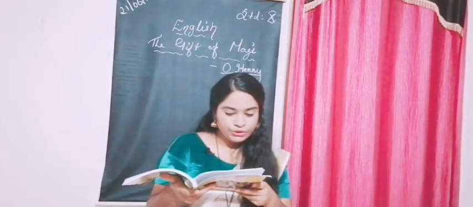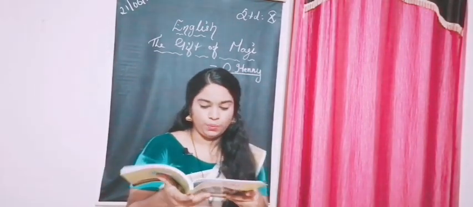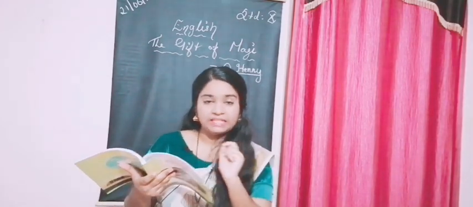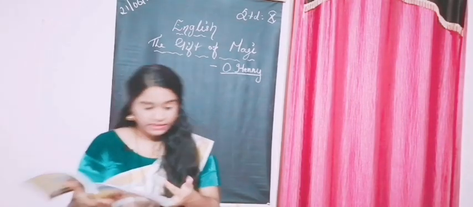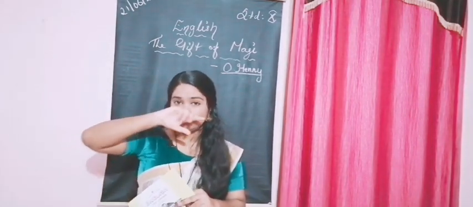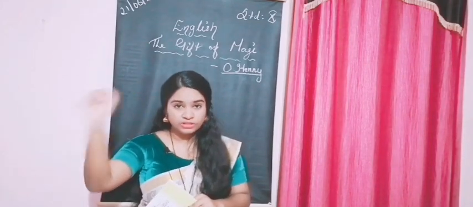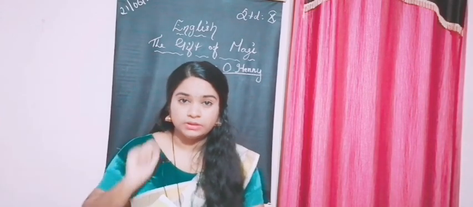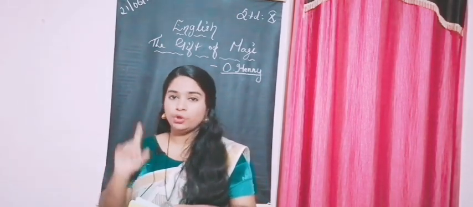Next line, also appertaining thereunto was a card bearing the name Mr. James Dillingham Young. So what does this say? First it says there was a letter box at the entrance, and after that a doorbell.